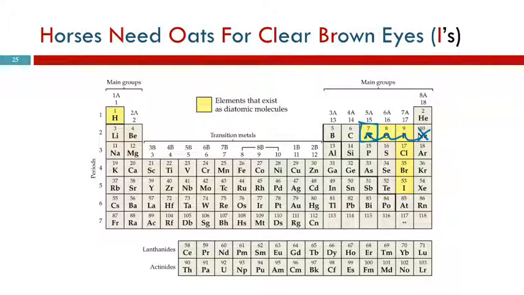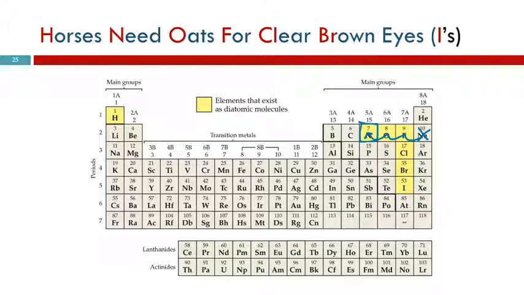My experience has been that if it's on the nonmetal side of the line, it gets treated as a nonmetal when we're talking about naming things. And if it's on the metal side, it gets treated as a metal. So you would treat arsenic and silicon as if they were nonmetals, even though they are metalloids.